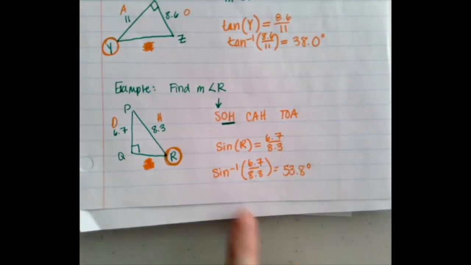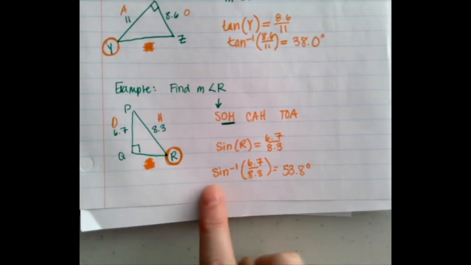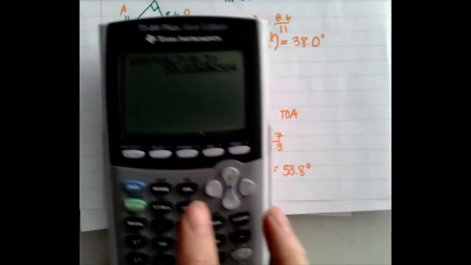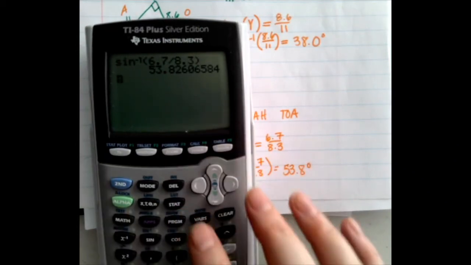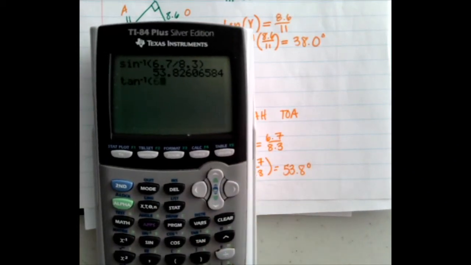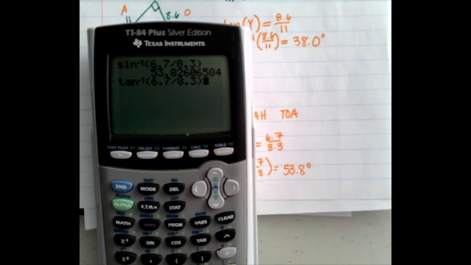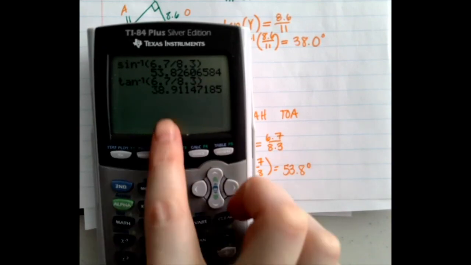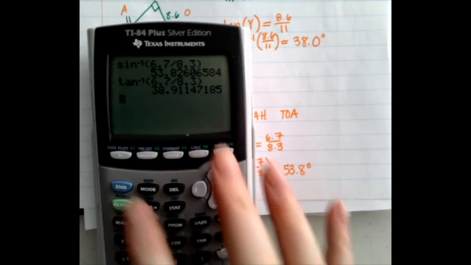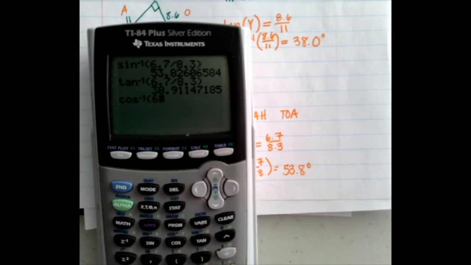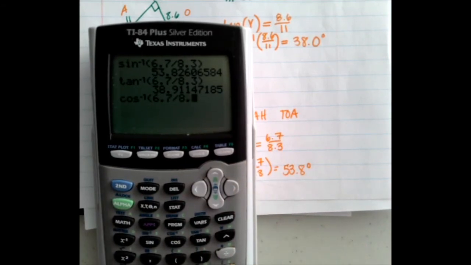If you accidentally use the wrong trig ratio, so let's say I accidentally tried to do like the tangent inverse of the same ratio. This gives me 38. Let's see what the cosine one does. And that gives me 36.